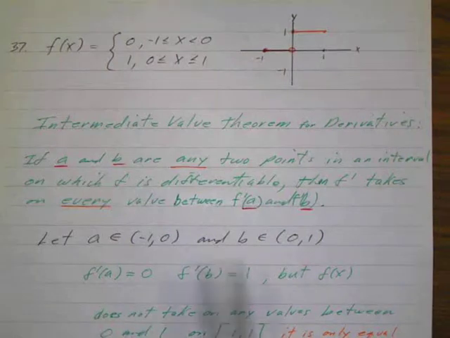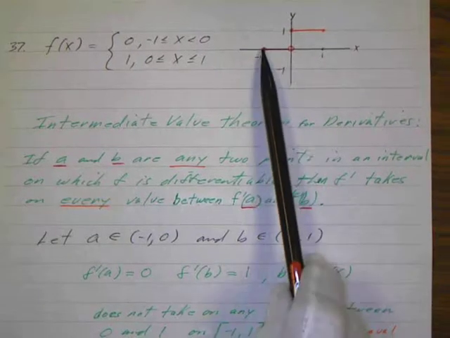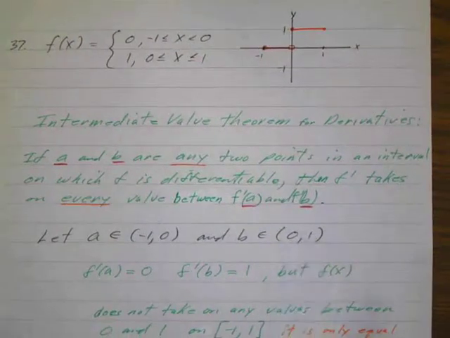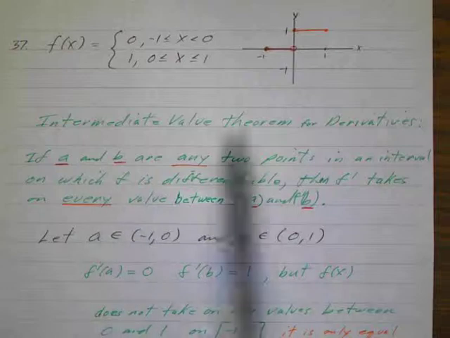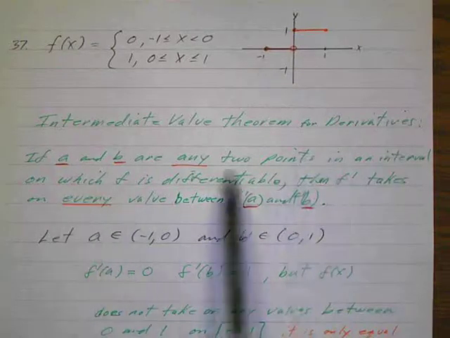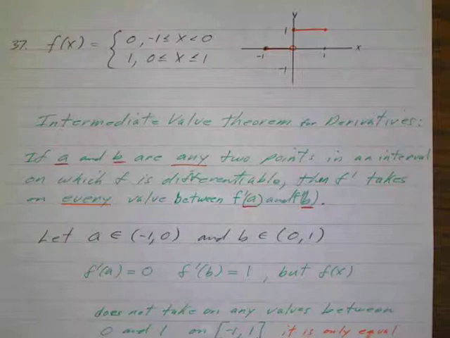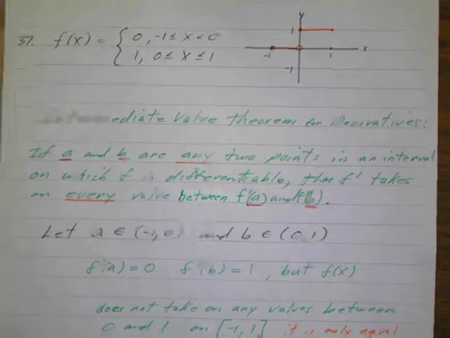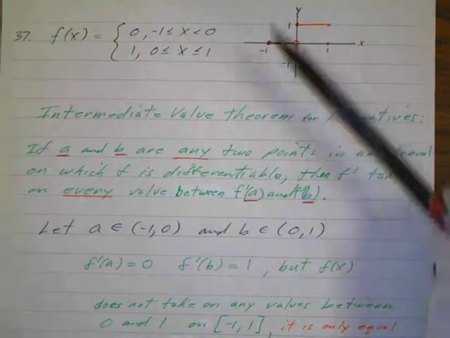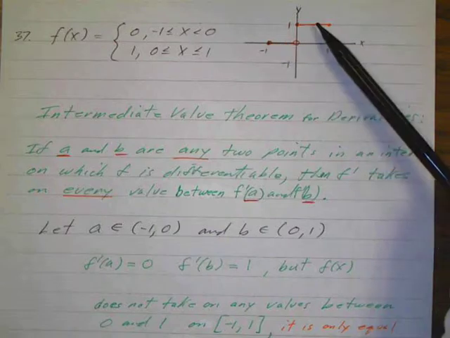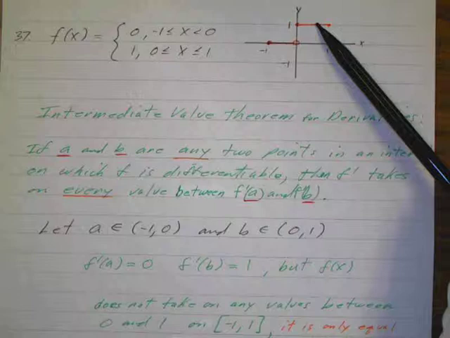Well, if we let A be any point in the interval -1 to 0, and let B be any point in the interval 0 to 1, then the intermediate value theorem for derivatives says if A and B are any 2 points in an interval on which f is differentiable, then f prime takes on every value between f prime of A and f prime of B. Well, if this is going to be the derivative, f prime of A would be 0, and f prime of B would be 1.